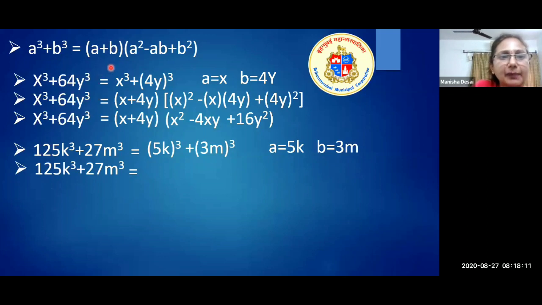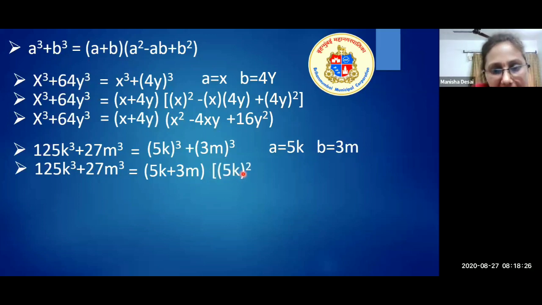For that, we are going to replace a with 5k and b with 3m. So now this a plus b can be written as 5k plus 3m. Then a square is nothing but (5k) the whole square, minus ab. So minus ab is minus 5k into 3m, plus b square.